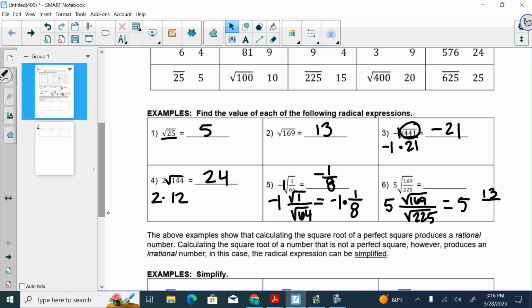And what's the square root of 225? What is it? 15. There we go. So I've got my 15 here, right? And what do I do with that 5 that was already in front? Multiply. So I've got 5 times 13 over 15. What's that going to give us?